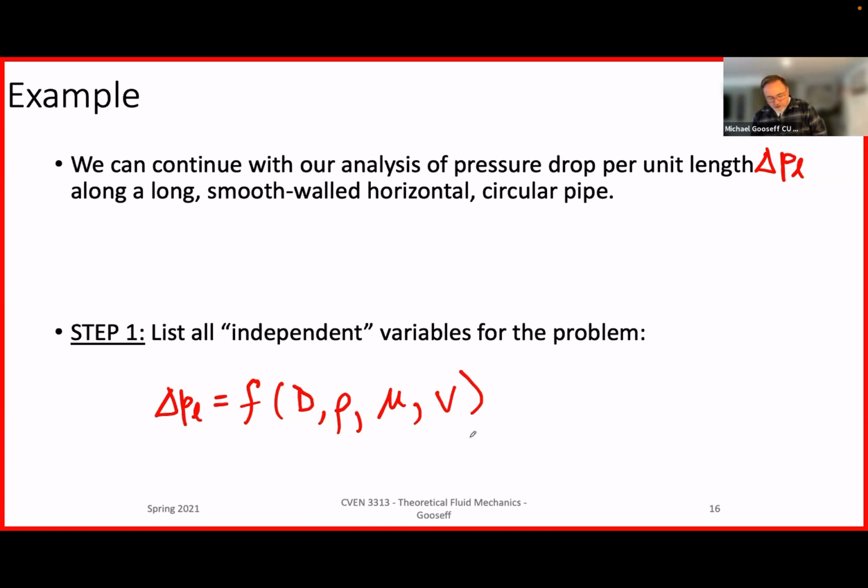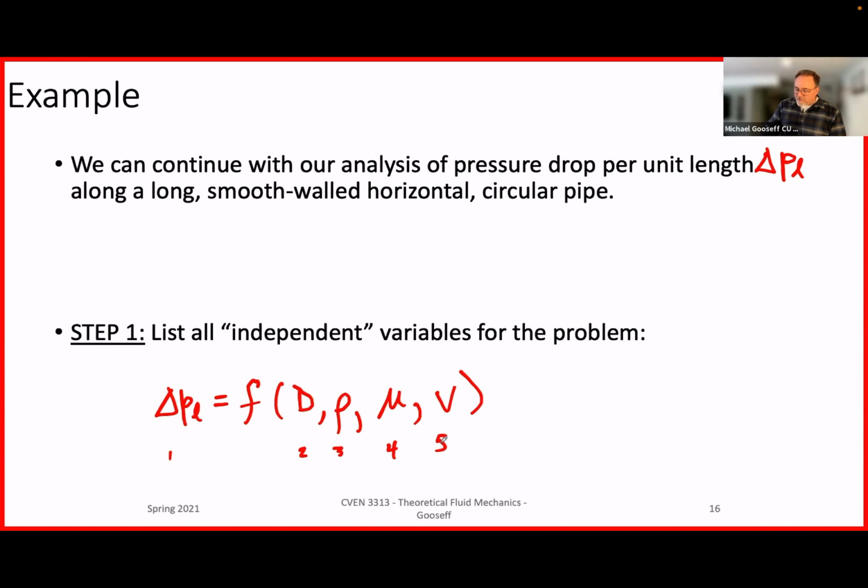That's 1, 2, 3, 4, 5 total variables: the one that we care about plus the other 4 that we think are involved in predicting delta P sub L.